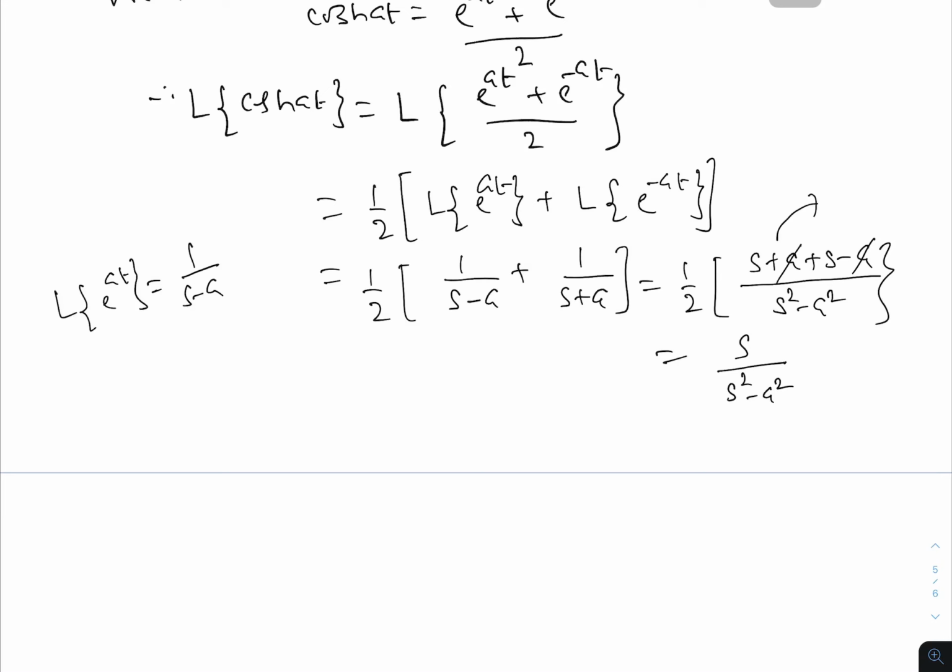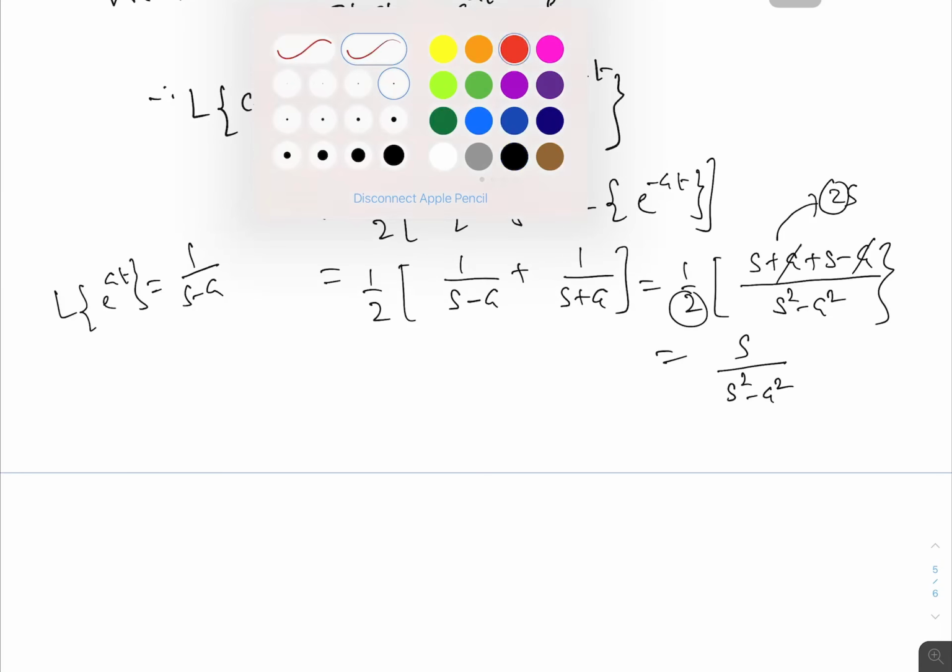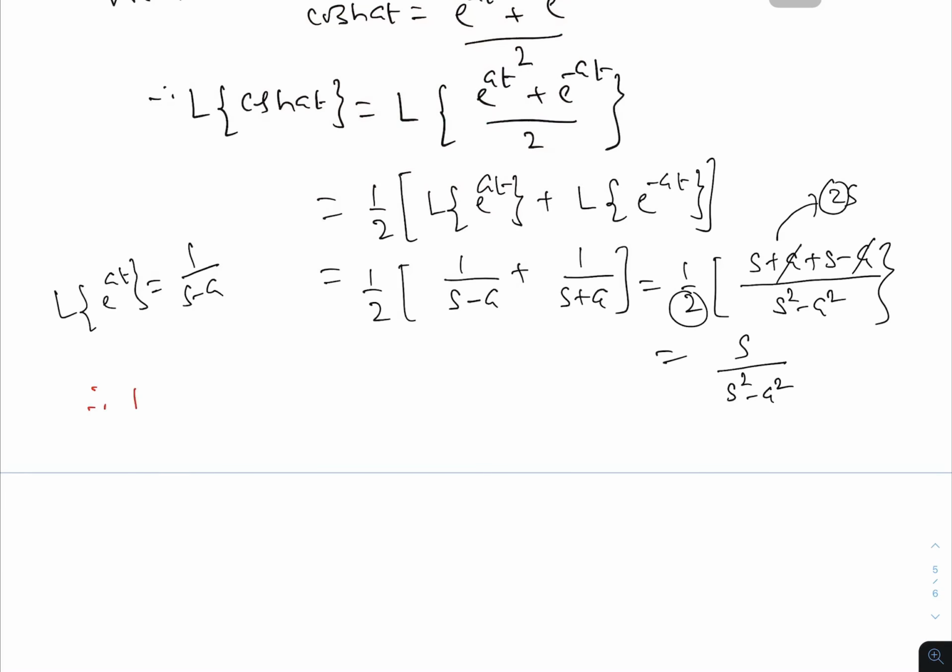This 2 and 2 get cancelled. So what do we get? We get Laplace transformation of cosine hyperbolic at is equal to s over s square minus a square.